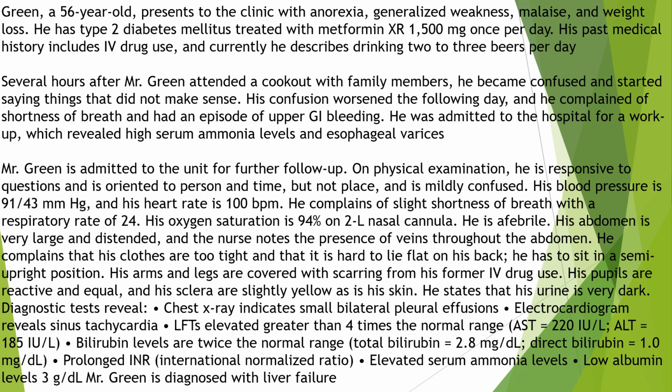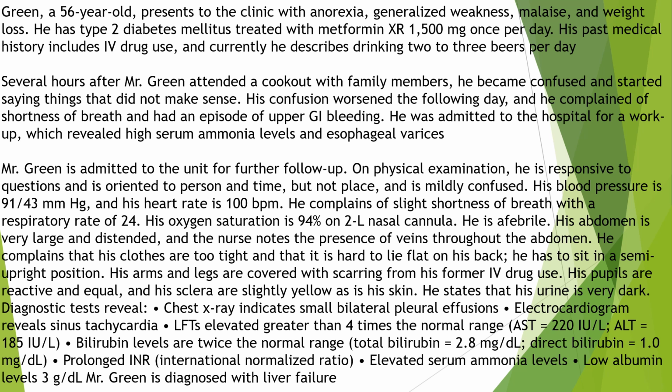Several hours after Mr. Green attended a cookout with family members, he became confused and started saying things that did not make sense. His confusion worsened the following day and he complained of shortness of breath and had an episode of upper GI bleeding. He was admitted to the hospital for a workup which revealed high serum ammonia levels and esophageal varices. Mr. Green is admitted to the unit for further follow-up.